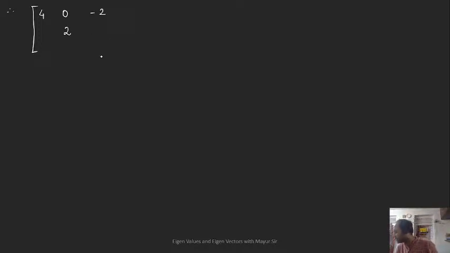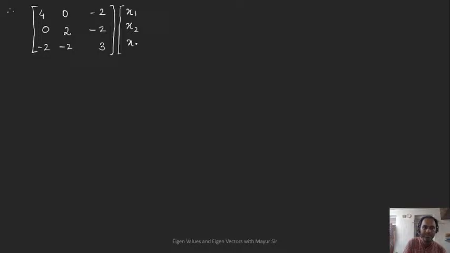The next one is 6, so 6 will become 3, and at the rest of the places, minus 2. Here there is 0, and here there is minus 2, times x1, x2, x3. This is what you get. Now because eigenvalues are distinct, we will use Cramer's rule to find the answer.